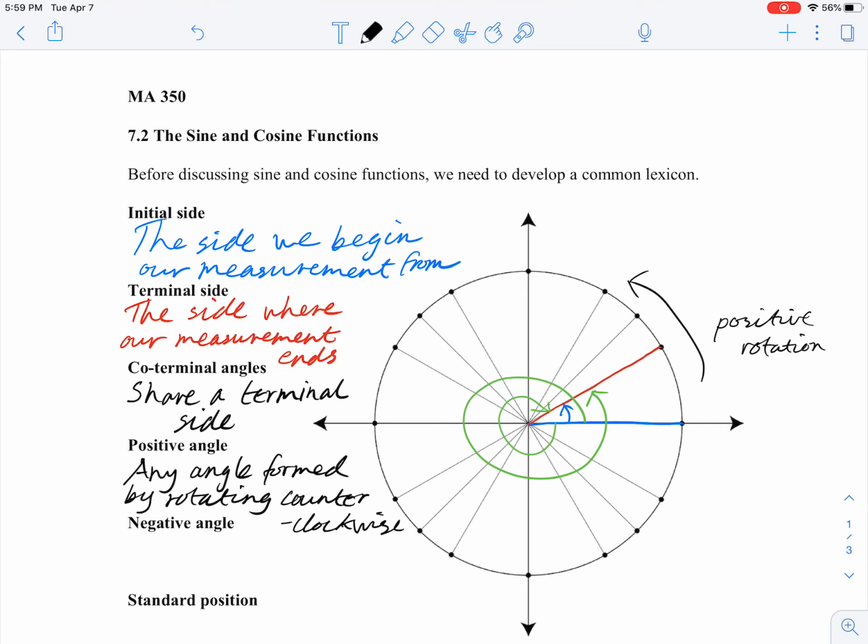A negative angle is the opposite. Here we have negative rotation.